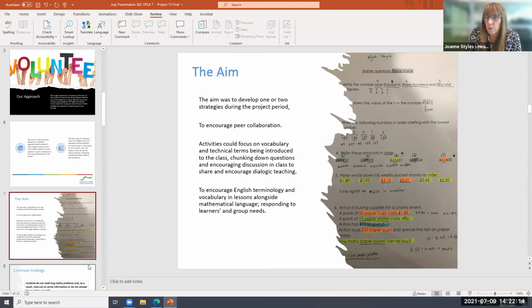And it was really simple things that we wanted to start to have a steer on, which was just activities that could focus on vocabulary and technical terms in maths, introducing chunking down of questions, looking at dialogic teaching, and bringing in English terminology and vocabulary into maths lessons, and really asking our maths teachers involved in the project to stop thinking about maths and maybe start to look at English and the content of English in the papers.